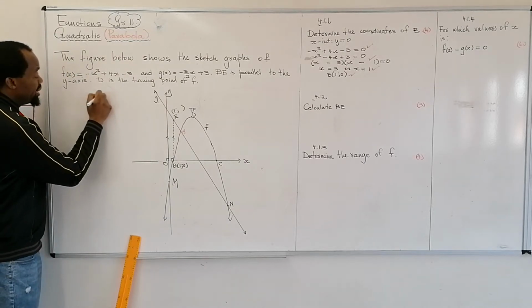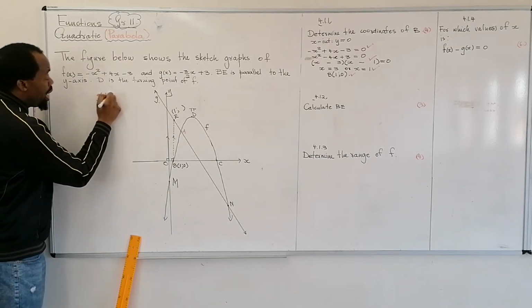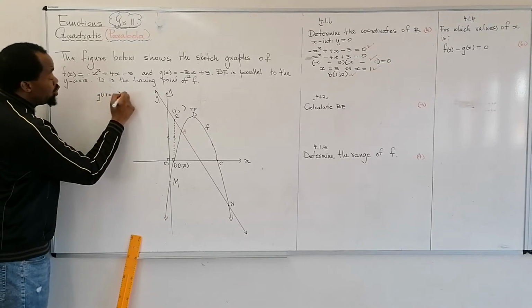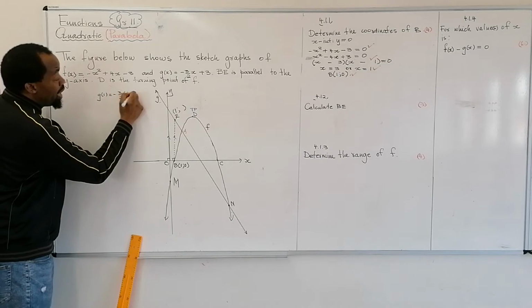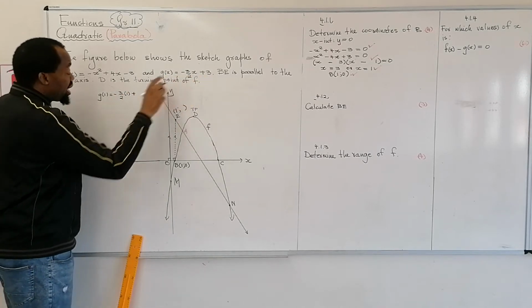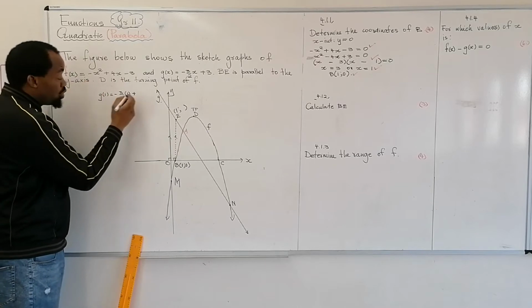That will be g of 1, which is -3 divided by 2 multiplied by 1 plus, I can write 3s denominator 2 there.